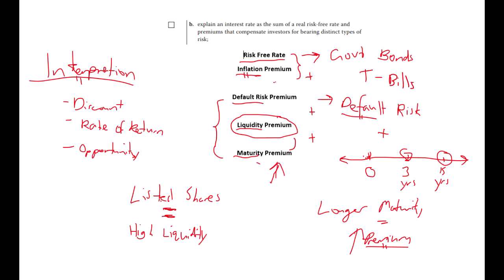Also, over longer time horizons, the premiums do affect each other. A longer time horizon investment might be more illiquid, and also the fact that you're exposed for longer may increase the default risk. If a company that you've lent money to looks good and the fundamentals look good for the moment, they might have an extremely low probability of default in the next couple of years.